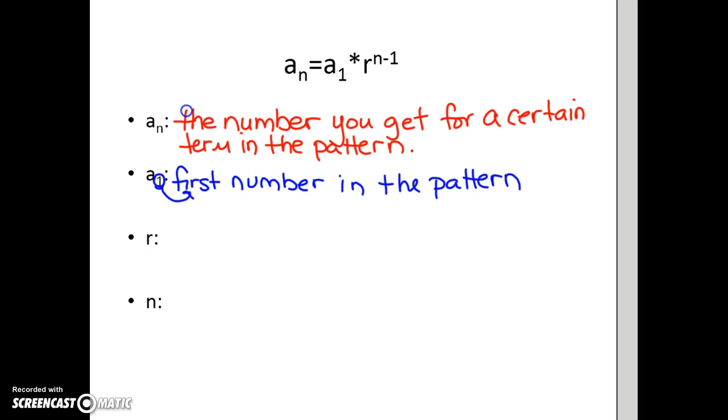R is the common ratio. And the common ratio is the number that you're dividing or multiplying by to create the pattern.